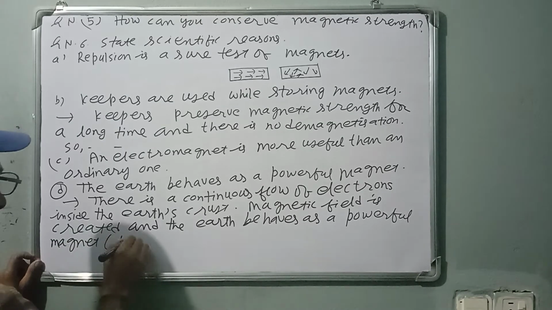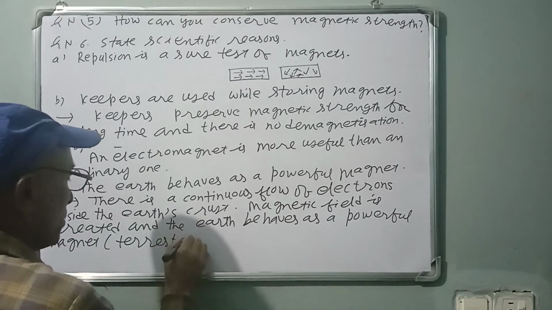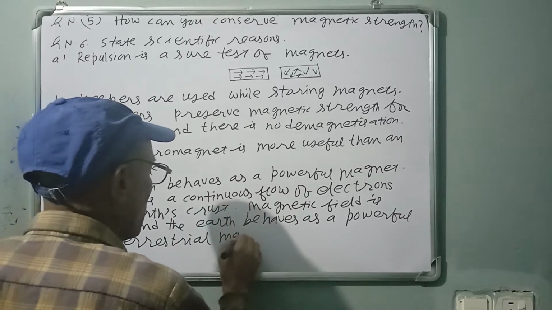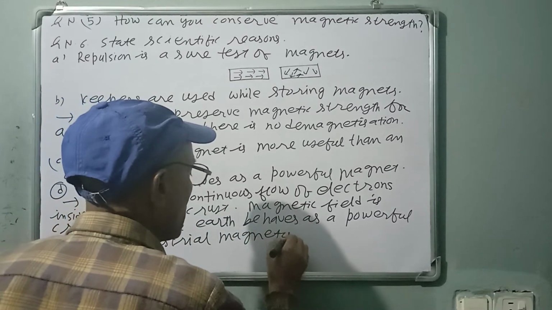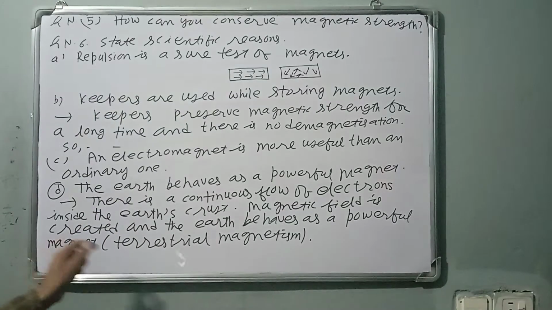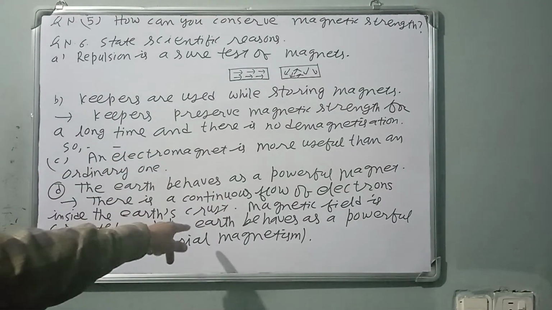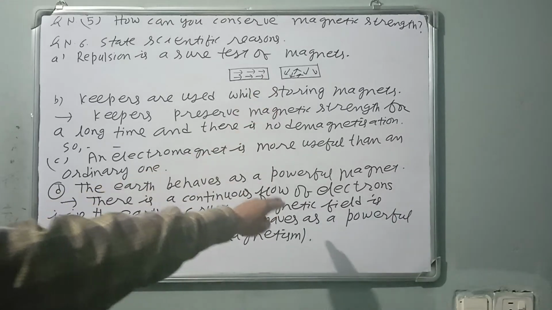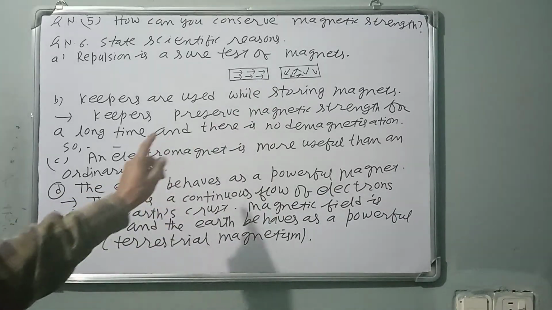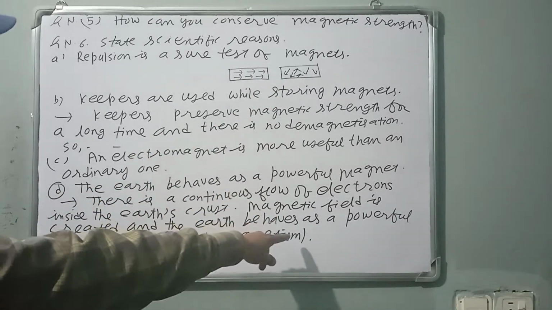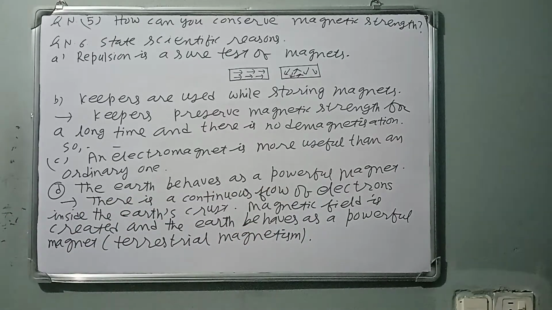This is called terrestrial magnetism. Why does the earth behave as a powerful magnet? Due to the continuous flow of electrons and the magnetic field created by the electrons.